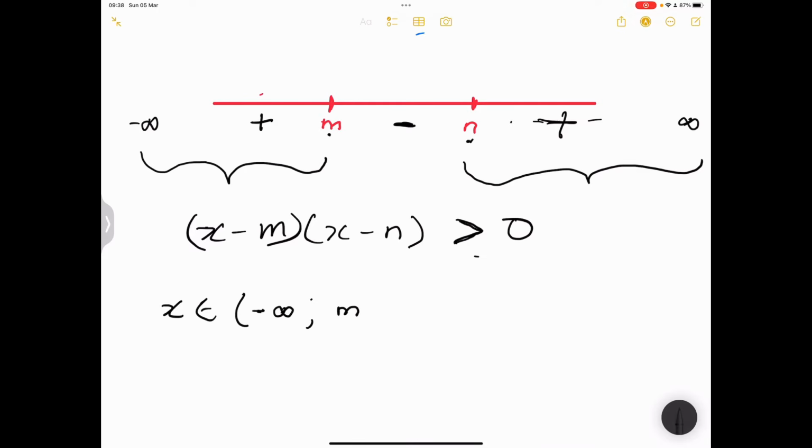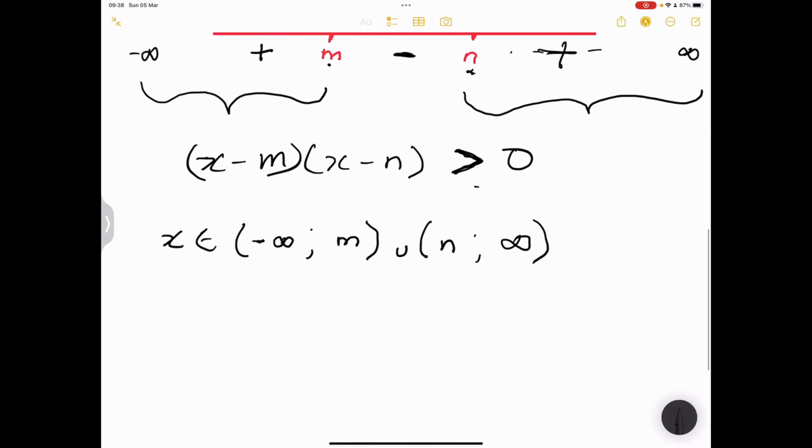Because at m it is equal to 0, and they only said we want values that are greater than 0. So m would not be included. And this means in conjunction with, or together with, all values from n. But remember, at n it's equal to 0, so we're not going to include that, all the way up until infinity. So that is our solution.